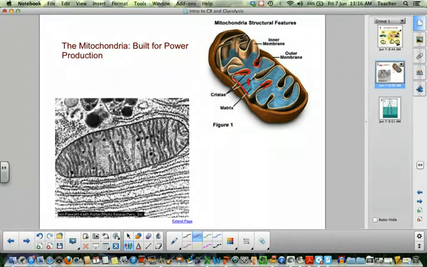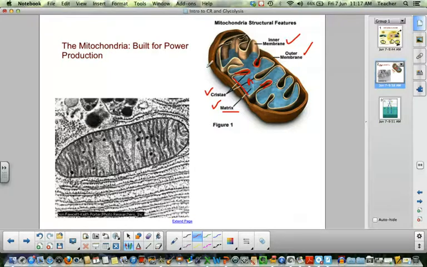Now, this area in here, you can see it's kind of like a liquid. That's called the matrix, and that's where the Krebs cycle takes place. Now, glycolysis doesn't take place inside the mitochondria at all. Glycolysis is the most primitive stage of cellular respiration, and we know that because every single organism on the face of the planet, at least the ones that we know of, all use glycolysis to produce a minimal amount of ATP.